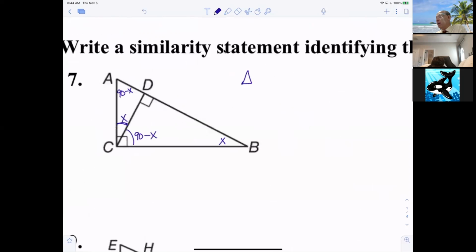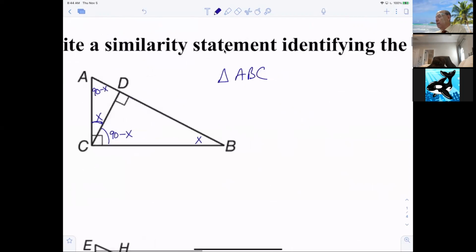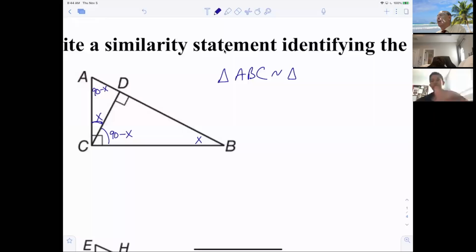So I have triangle A, B, C is similar to... who said wait already? We're doing alphabetical order, A, B, C. That's how I got that. A, B, C, right? That's what we're going for. Now I'm going to the middle triangle.